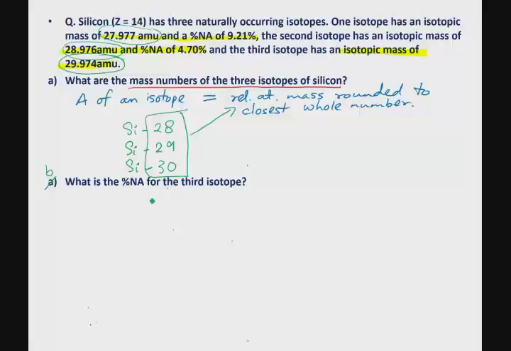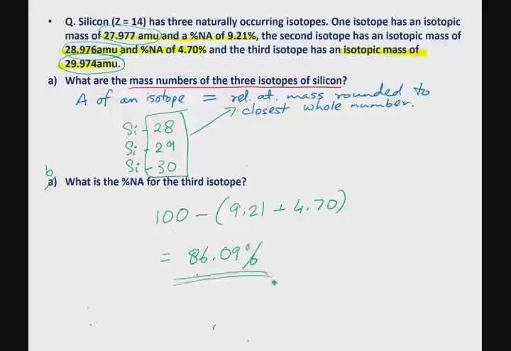So if you're given two of the three percent natural abundances, you can calculate the third by subtracting the sum of the two given from 100. The total cannot be more than or less than 100. So that gives us 86.09% for the third isotope of silicon.